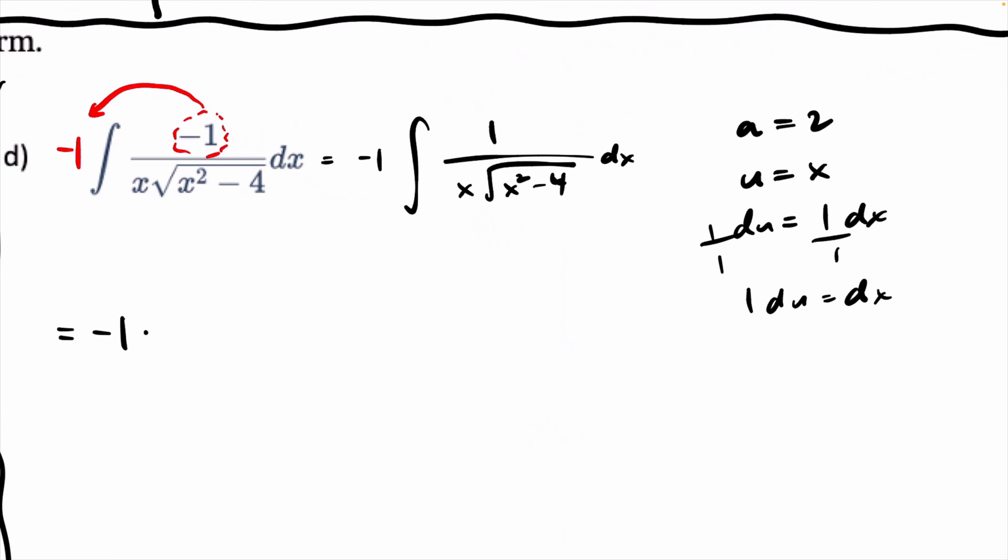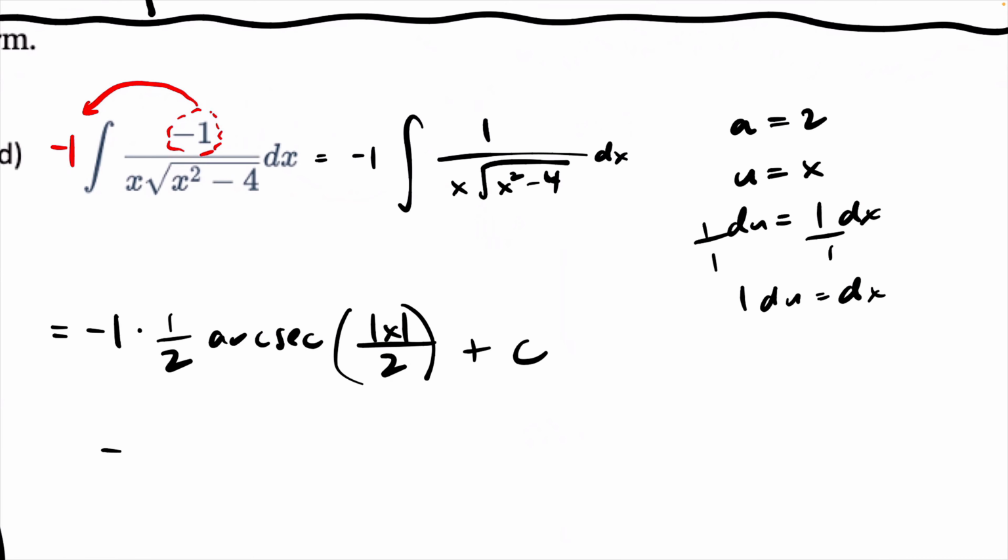So this one's arc secant. Arc secant starts with 1 over a, so that's 1 over 2, arc secant. And then just the top part, u, has absolute value bars. The bottom doesn't. U is x, a was 2, plus c.